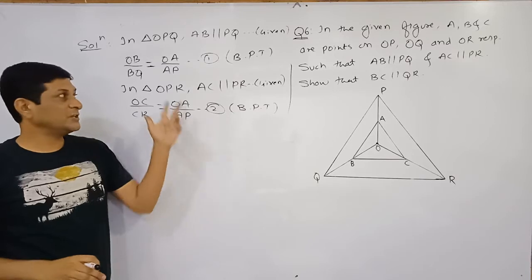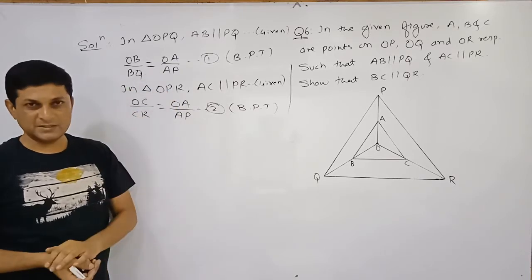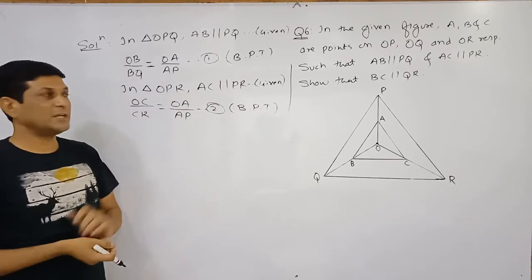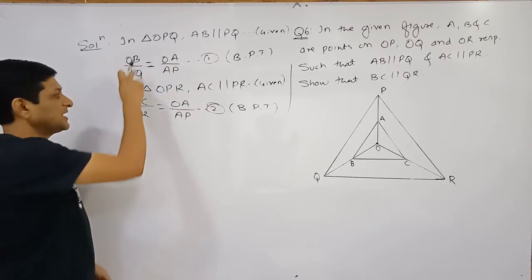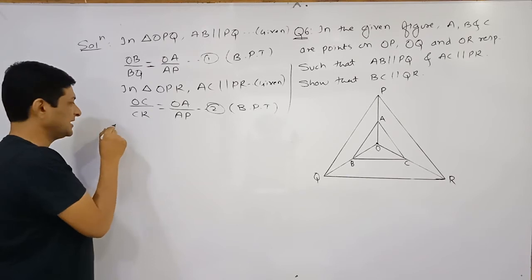So using the given conditions, we have got two equations. If you observe these two equations very carefully, check whether the right hand sides are the same. The right hand sides are the same, so we can say that the left hand sides are also the same.